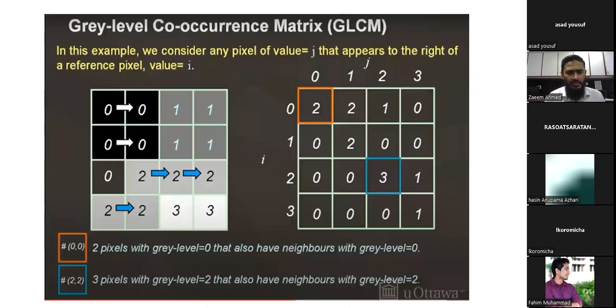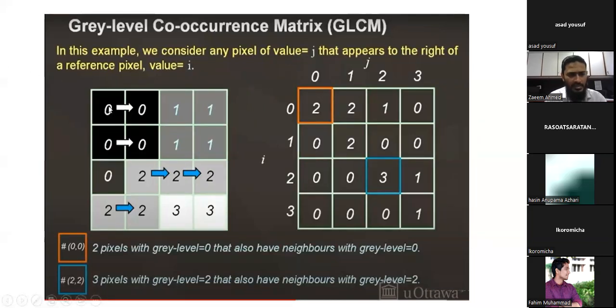For example, we have a segmented section of a picture and it has values. These are gray level values from 0 to 3. If we want to calculate the gray level co-occurrence matrix for the left hand part, we just define a matrix and check how many times similar values occur in this left hand side.